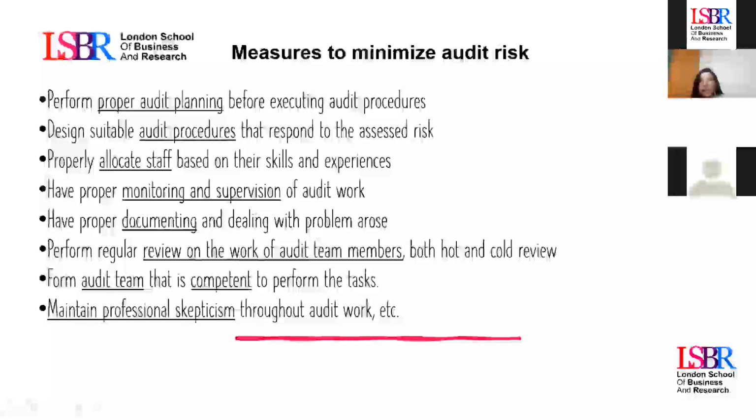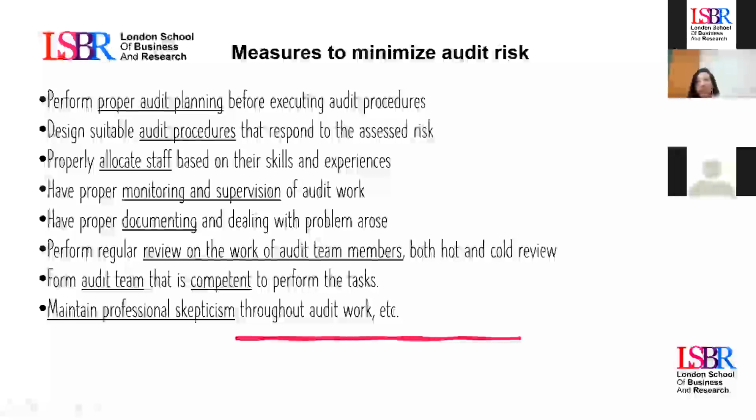Remember the audit risk that is associated with giving a wrong opinion. So the auditor could mitigate this audit risk by planning audit procedures in a proper manner. Additionally, they need to allocate a specific team according to the profile of the team.